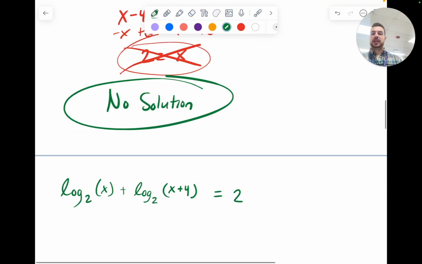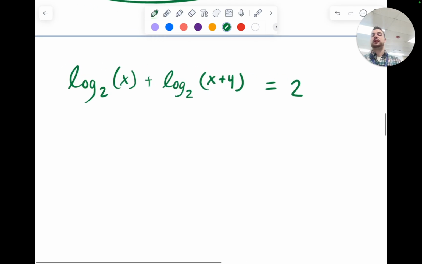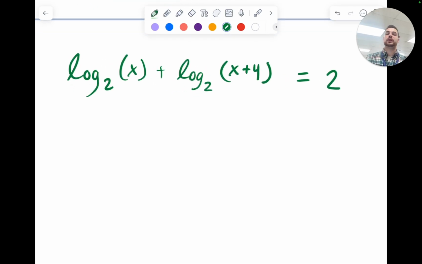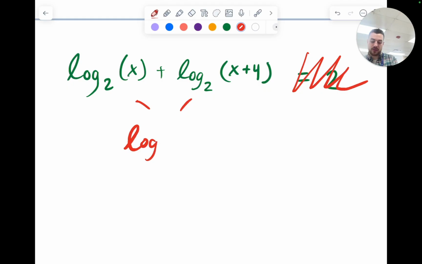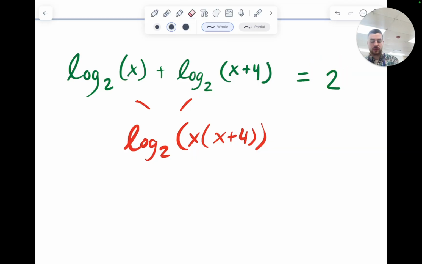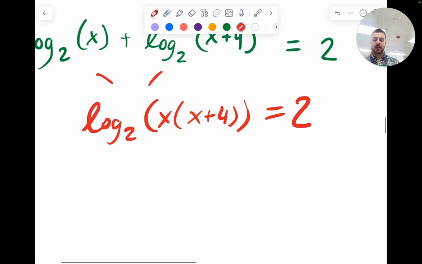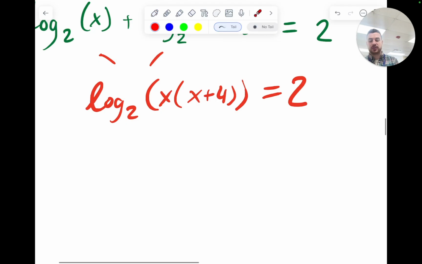All right. Lastly, we've got a problem like this here. So again, we've got log base 2 of x plus log base 2 of x plus 4 equals 2. So again, we're kind of pretending the equal sign is not there. We are going to condense using the product property. And now we bring back that equals 2. Sometimes I think it helps just to pretend it's not there. And what we can do is we are going to need to exponentiate to get rid of this log.